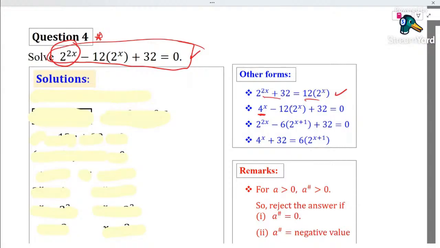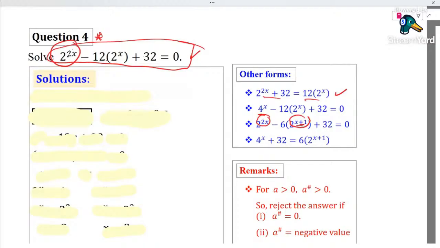Then you will see the whole equation has different bases for the indices terms. One is base 4, one is base 2. Or maybe I can do something on the power. I don't change the arrangement, but I do something with the power, where now the power, instead of just x itself, turns out to become x plus 1.